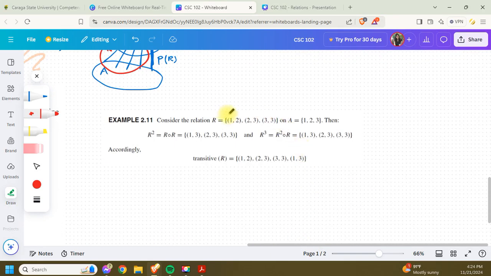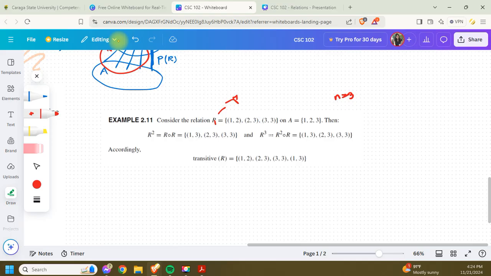So here we have three elements in A, so n here is 3. You can consider this one as R1, the very first one given. Since you have 3, you need to construct R2 and R3.